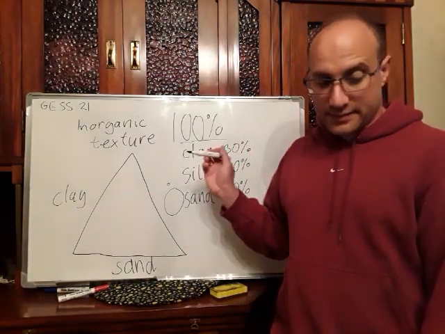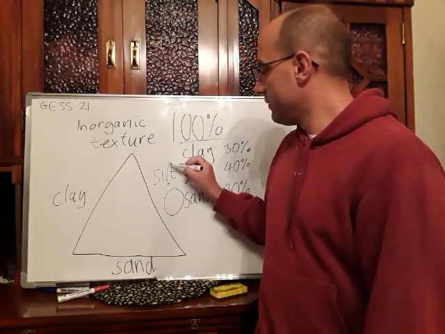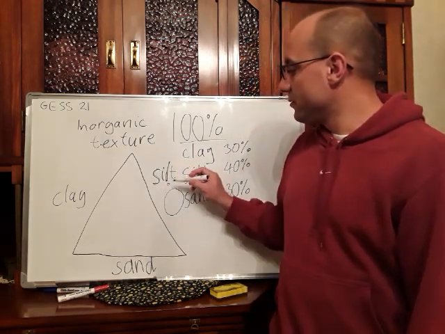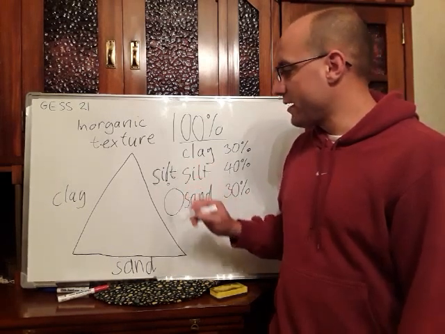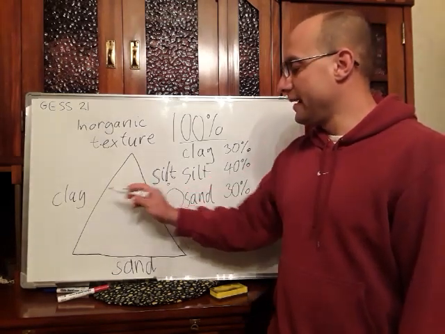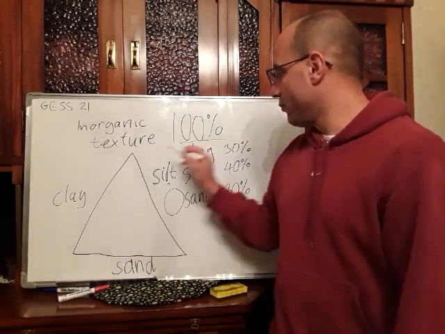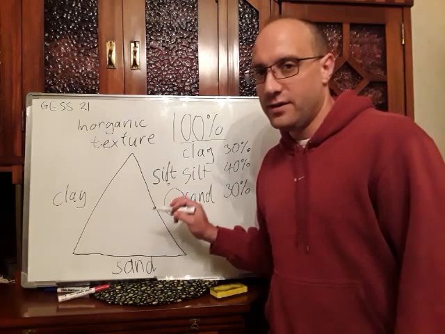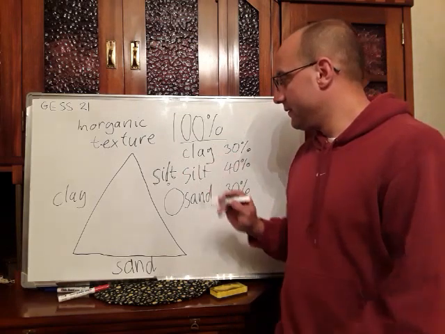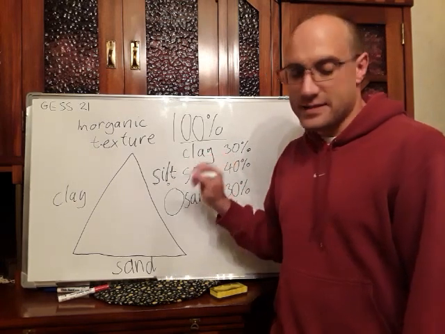And silt will be on the right. Now I know it can be easy to mix these up. So we should somehow remember that sand is on the bottom, then the smallest one, clay, is on the left, and silt on the right. They're not in order if we just look at it from a clockwise point of view. Sand, clay, and silt, a little bit perhaps difficult to think about the order, but that is important.